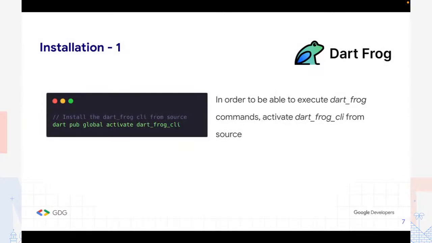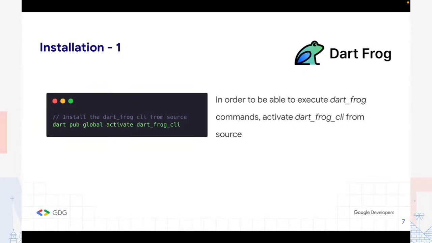Now let us discuss how we can install Dart Frog. This is very simple, just like how you start a Flutter project from Visual Studio or whichever code editor that you use. It is very much similar to that. I am using Visual Studio Code, so I'll tell you keeping that in context.